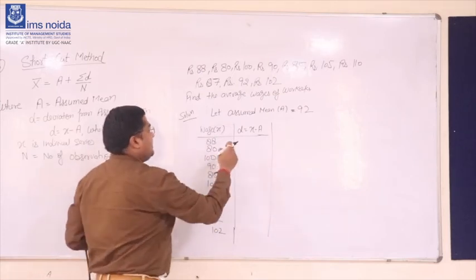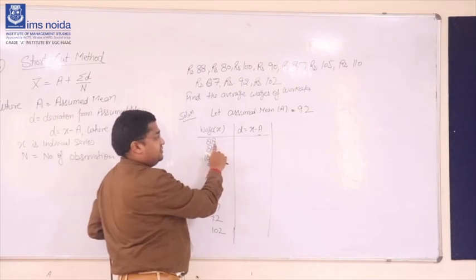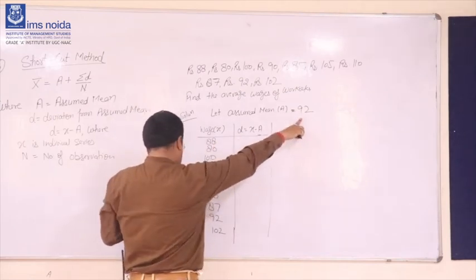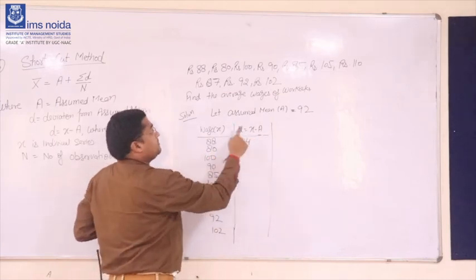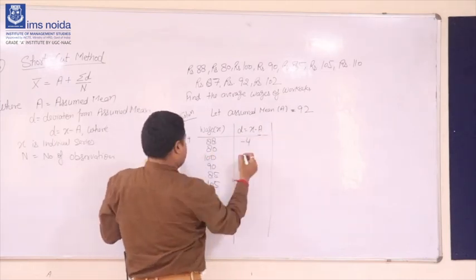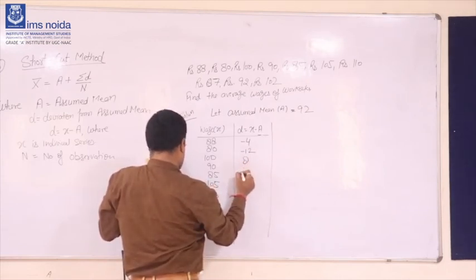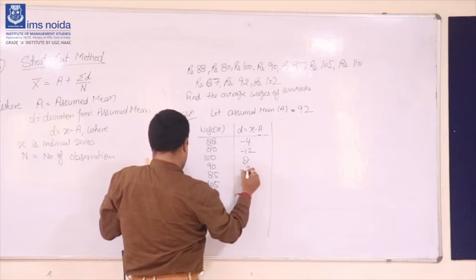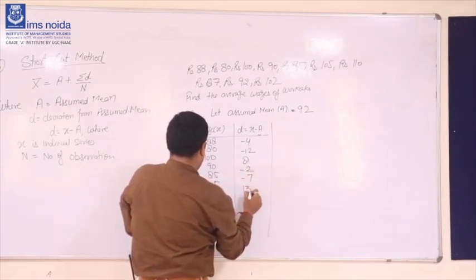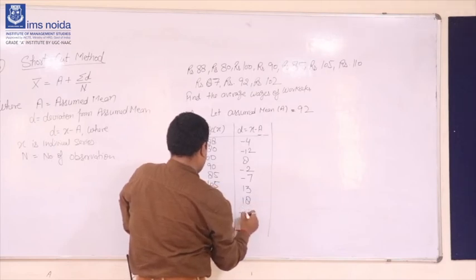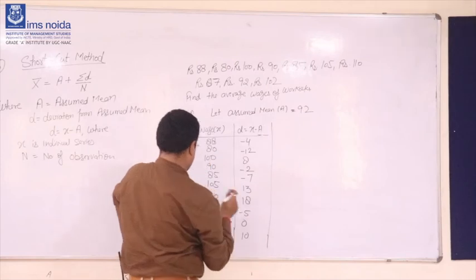So 88 minus 92 is minus 4. 80 minus 92 is minus 12. Then 8, minus 2, minus 7, 13, 18, minus 5, 0 and 10.